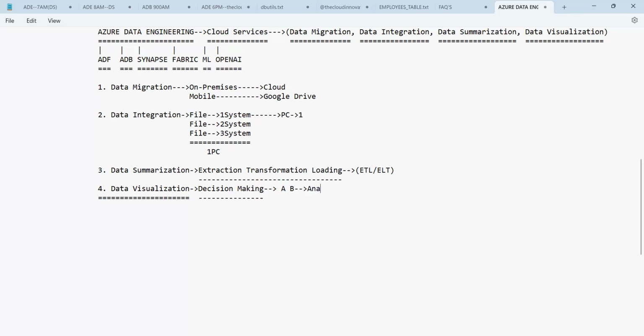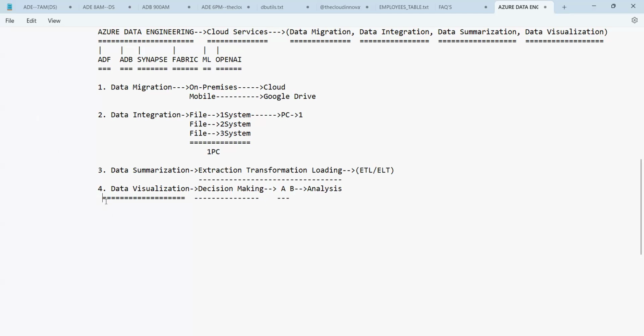Unknowingly, you're performing analysis. That means a comparative study between two different situations to take a decision is called analysis. Hence, this is analysis or the decision-making system, called the data visualization process.